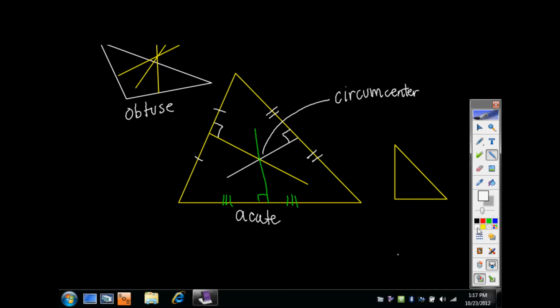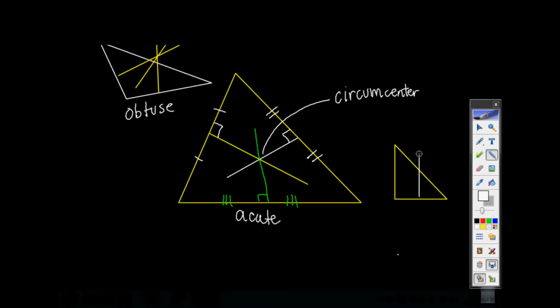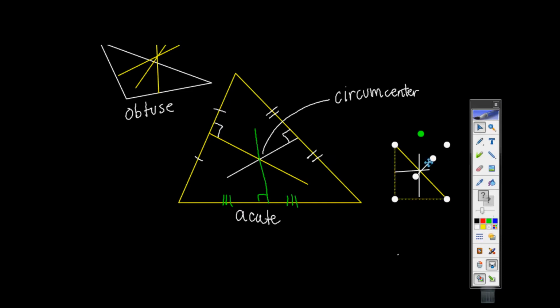And then if you have a right triangle, your circumcenter ends up being on the hypotenuse. So it's never in the center, really?